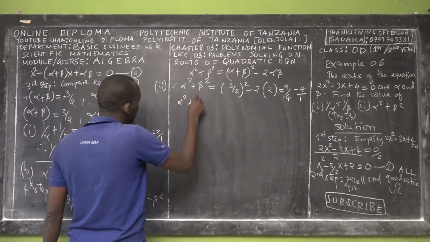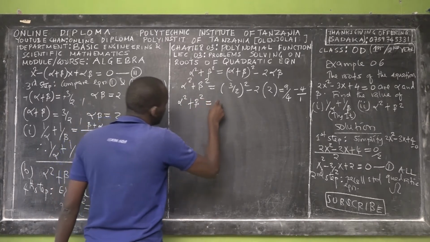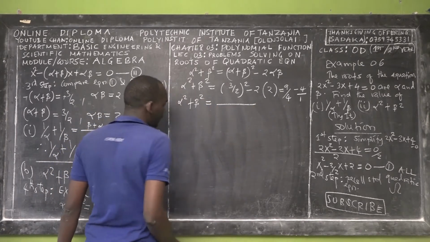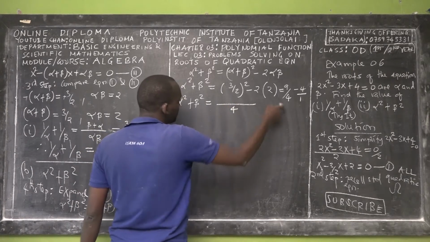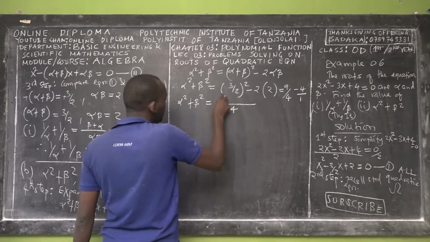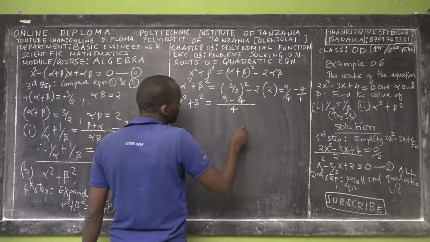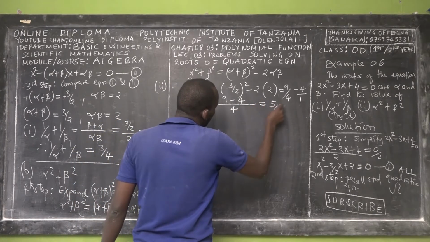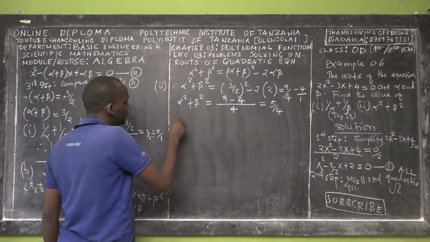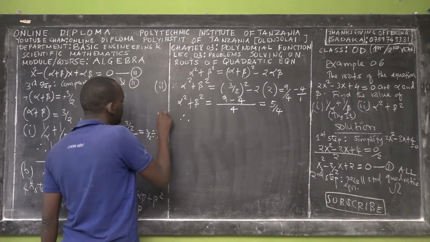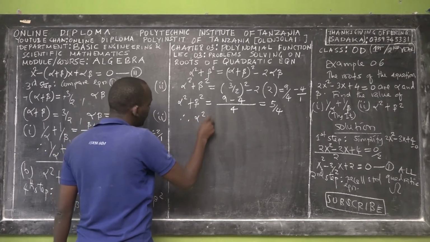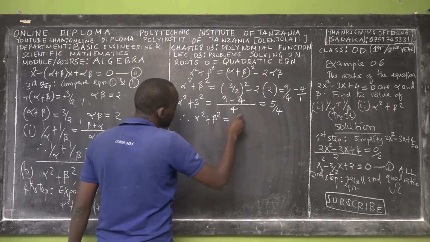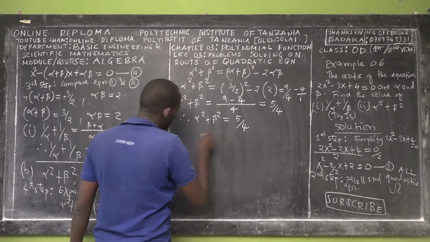The LCM is 4, then that is 9 minus 4. So the answer is 5 over 4. Therefore, for Roman 2, the value of alpha squared plus beta squared is 5 over 4.